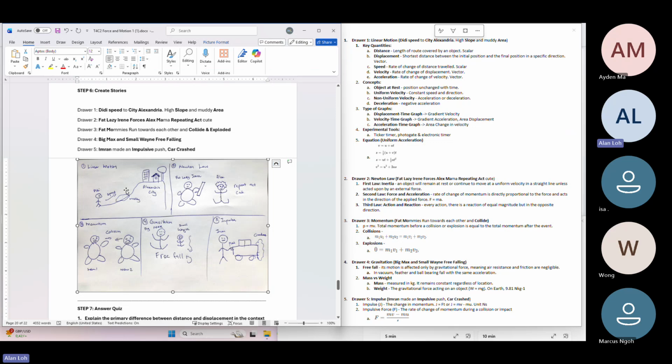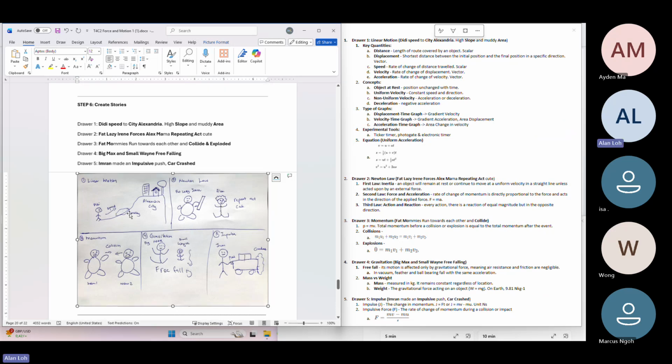So now imagine you have this picture in your mind. Imagine you have already drawn this 5 or 10 times. And coming back to this drawing, coming back to this story in this drawing, is it easier for you to remember what you have learned for the past 1.5 hours?